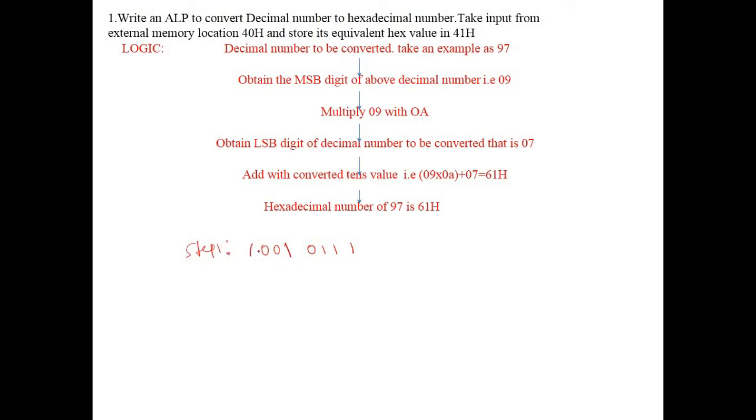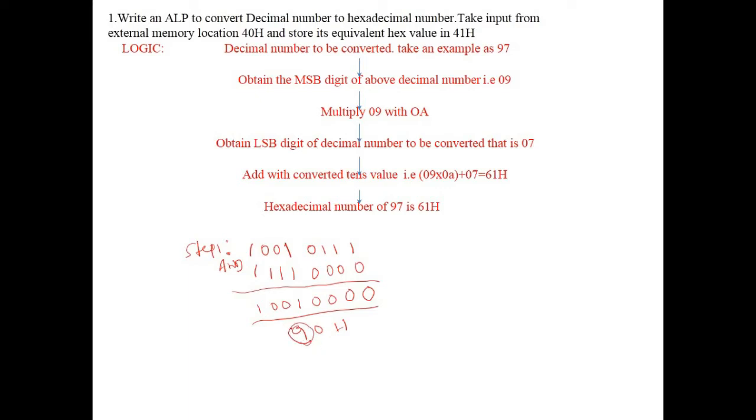Now we AND this value with F0H. So we get 1 0 0 1 0 0 0 0. What we got here is 90H, but what we need is 9.